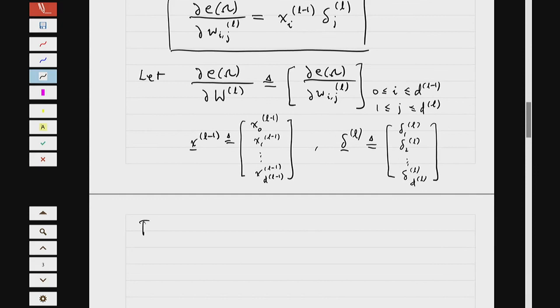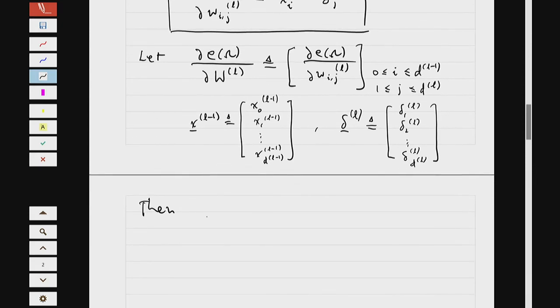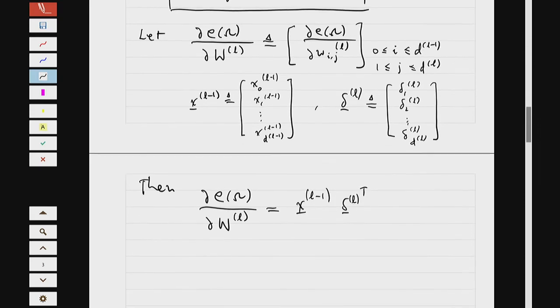So the gradient with respect to the L's layer big matrix is equal to x of L minus 1 multiplying the vector delta of L, except that we have to take the transpose, because otherwise we don't get the row vector.